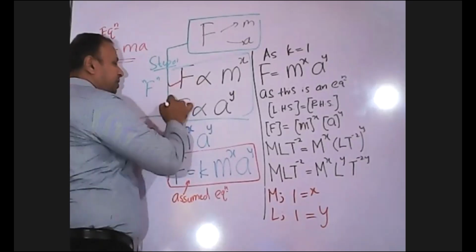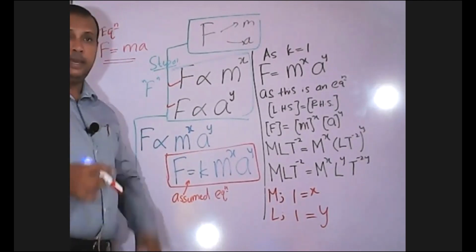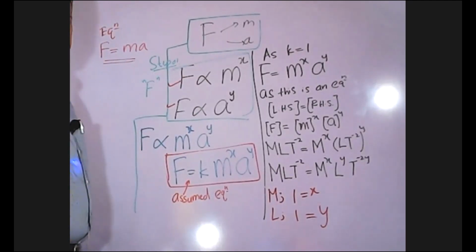Write these two only: F directly proportional to M to the power X, and F directly proportional to A to the power Y.